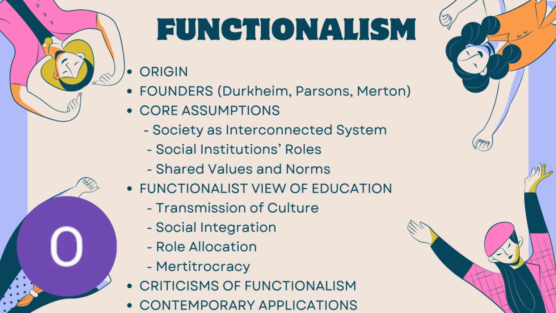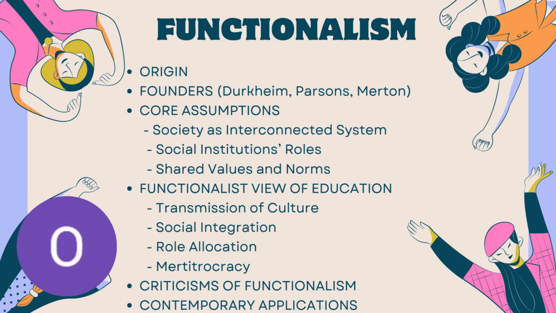Social institutions' roles. Social institutions are seen as playing critical roles in maintaining the functioning and stability of society as a whole. The family serves the function of socializing children into the shared norms and values of society and providing them with the basic skills and knowledge needed to participate in social life. Education serves the function of transmitting culture, preparing individuals for adult roles, and allocating them into different positions in the social hierarchy.